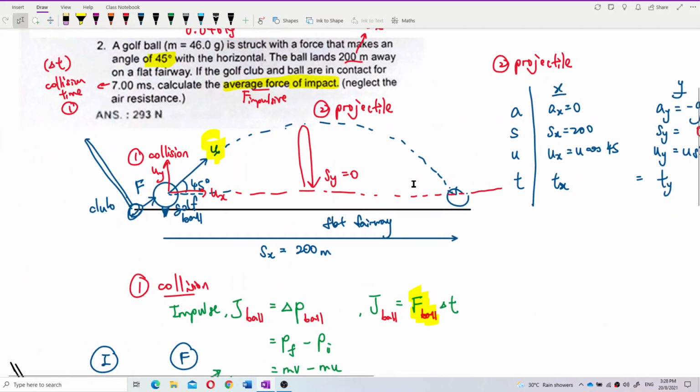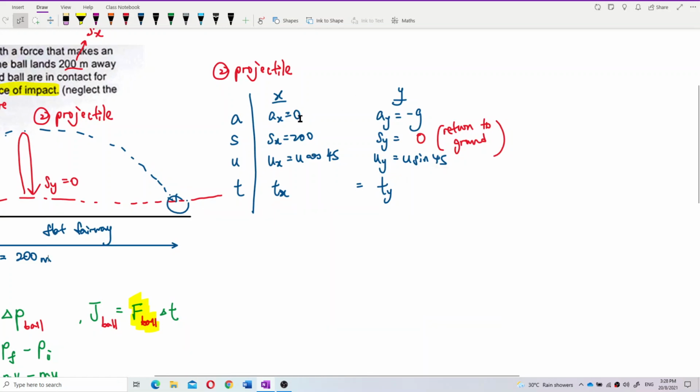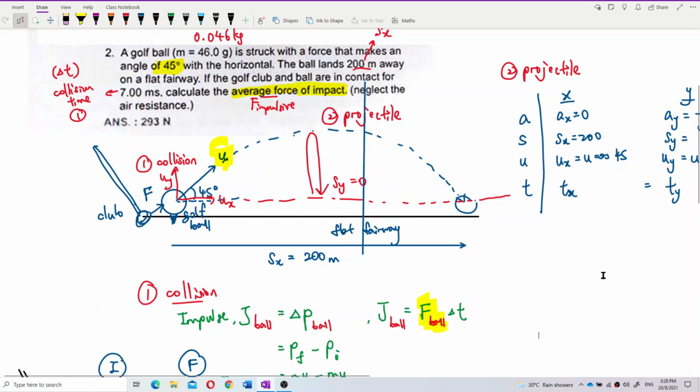So how to do this? Let us start with the x component. We do it one by one. Okay, let us do it. Hold on a second, something's wrong.